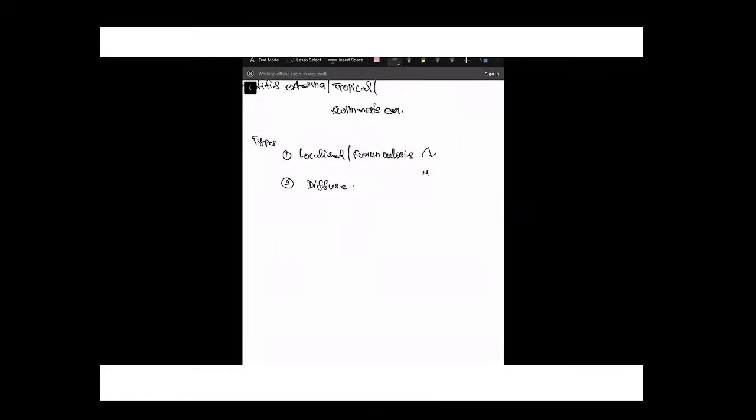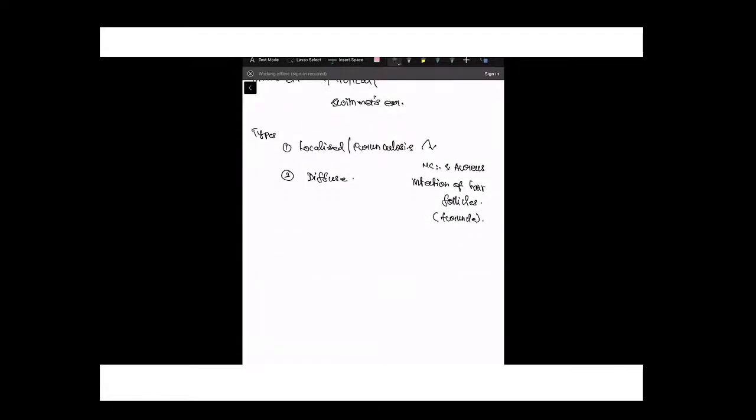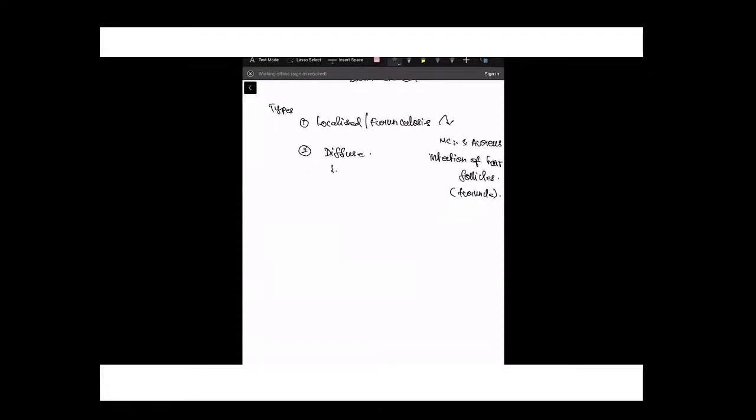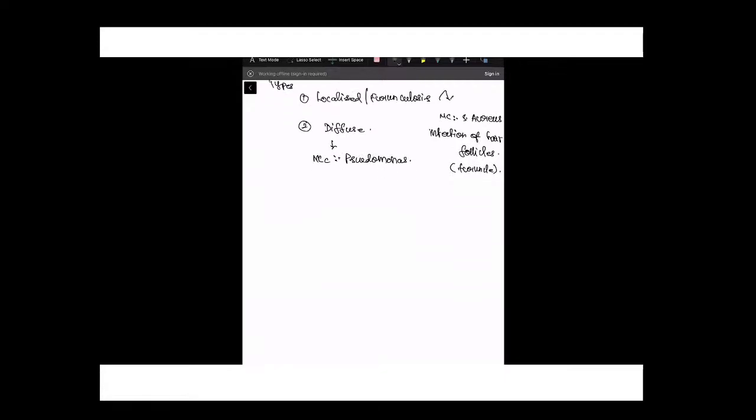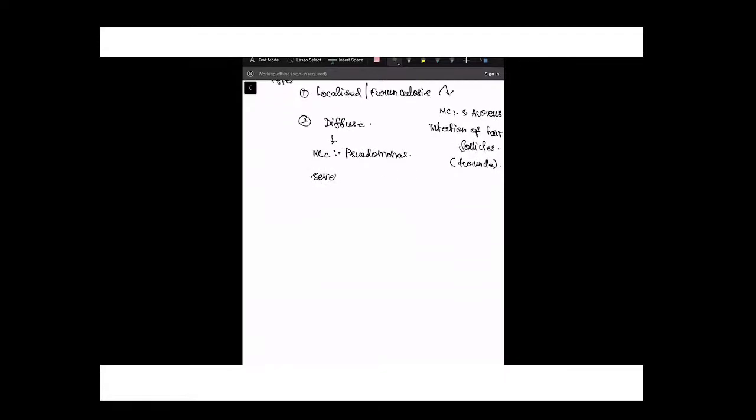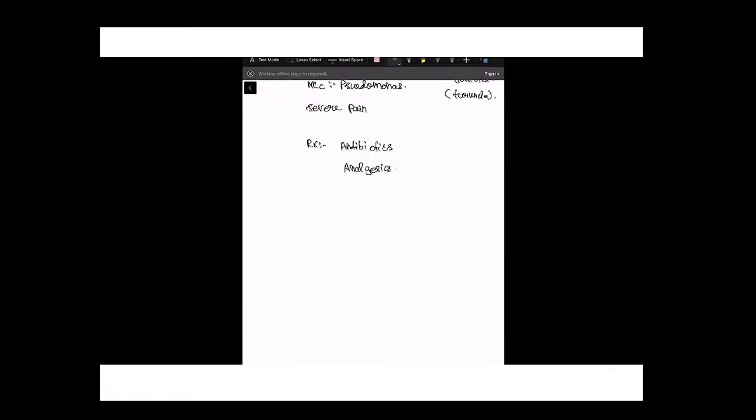Furunculosis is most commonly due to Staph aureus infection of hair follicles. Infected hair follicles are called furuncles. And in the diffuse type, the most common cause is going to be Pseudomonas. There is severe pain and treatment is analgesics.